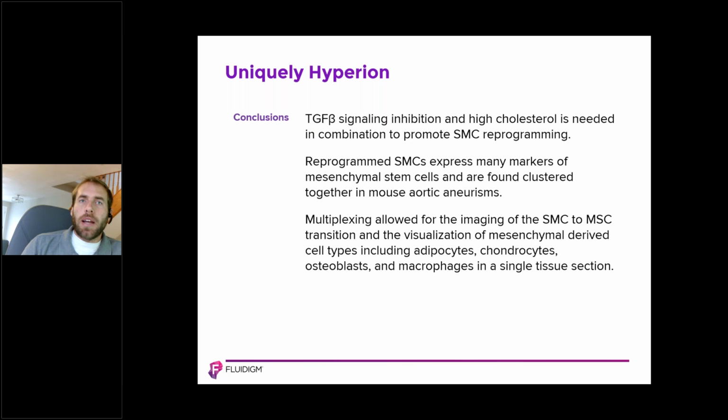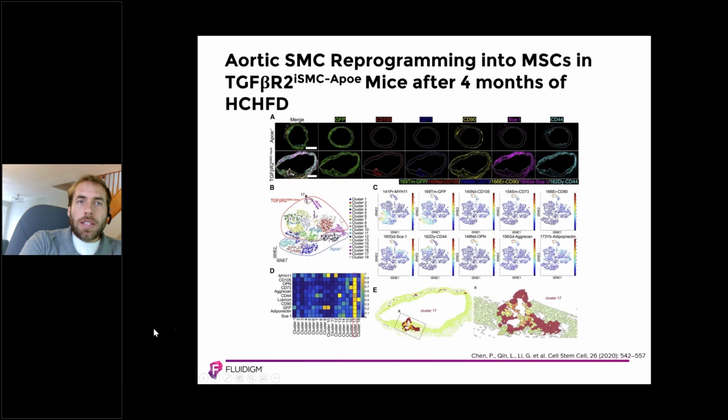Multiplexing allowed for the imaging of smooth muscle cell to mesenchymal stem cell transition, and the visualization of mesenchymal-derived cell types, including adipocyte, chondrocyte, osteoblast, and macrophages, and all of this was done in a single tissue section, which is quite cool. I should also add that all of this analysis is done using open source, readily available tools that Fluidigm can help you use and teach you how to use to attack and address your own research questions.